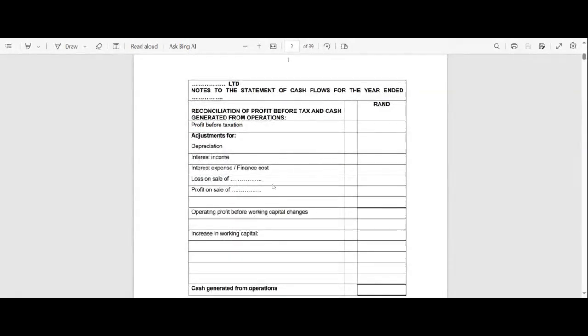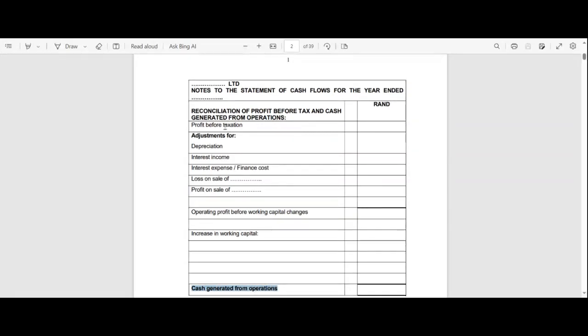When we are looking at the note, in other words, the indirect method of calculating our cash generated from operations, the story is different. Here we are not disclosing cash flows, we are working our way towards calculating a cash flow, right?